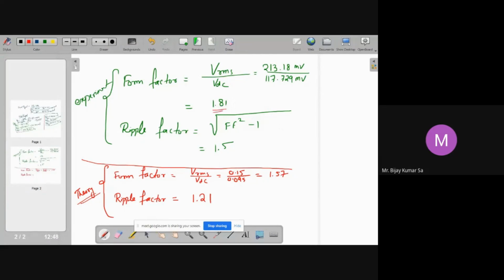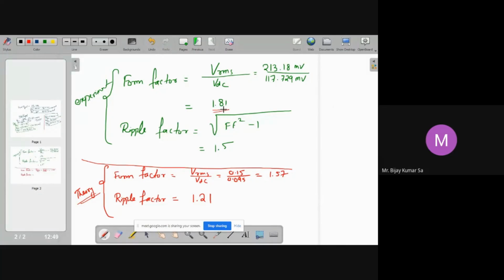But at this point, you should know that फॉर्म फैक्टर जितना 1 के करीब होगा that is better for us. It is a better rectifier. So we'll expect that form factor जो कि यहाँ 1.8 है experimentally, it will go more close towards 1. The experimental form factor which I have got, 1.81, should get reduced to 1.23 like that.